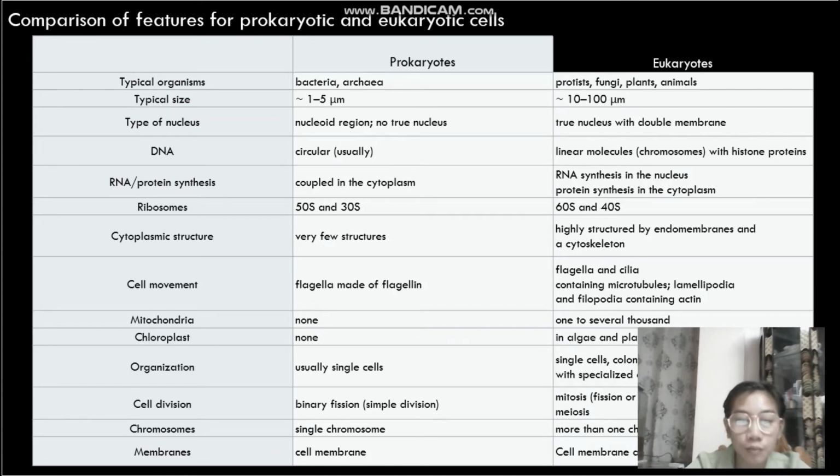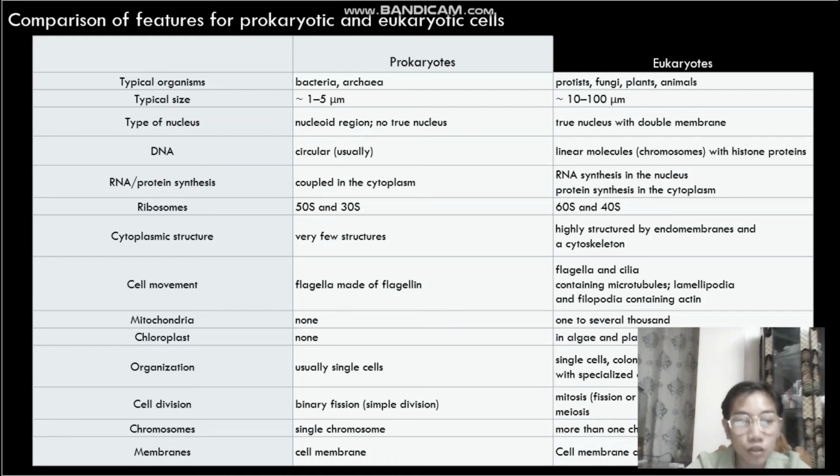The same for the chloroplast. Prokaryotes have none, and the eukaryote has them in algae and plants. We see the chloroplasts inside living organisms only in the algae and the plants.